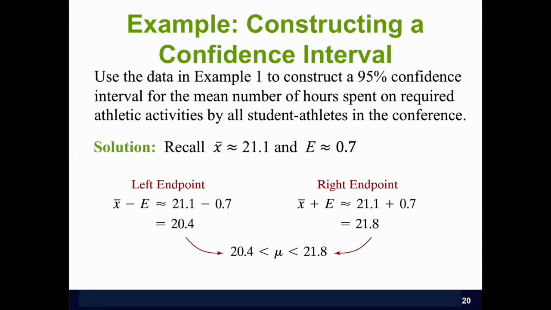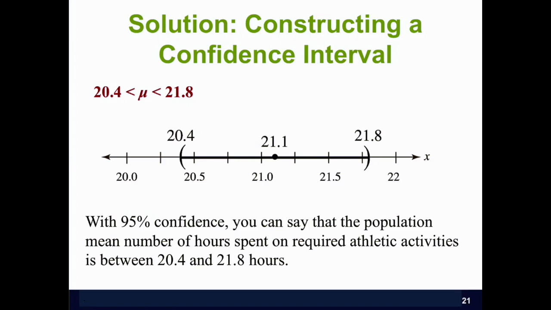Okay, we can graph the interval. The interval is centered at the point estimate, and the lower end of the interval is calculated by subtracting from the point estimate the margin of error, and the upper end is by adding the margin of error.